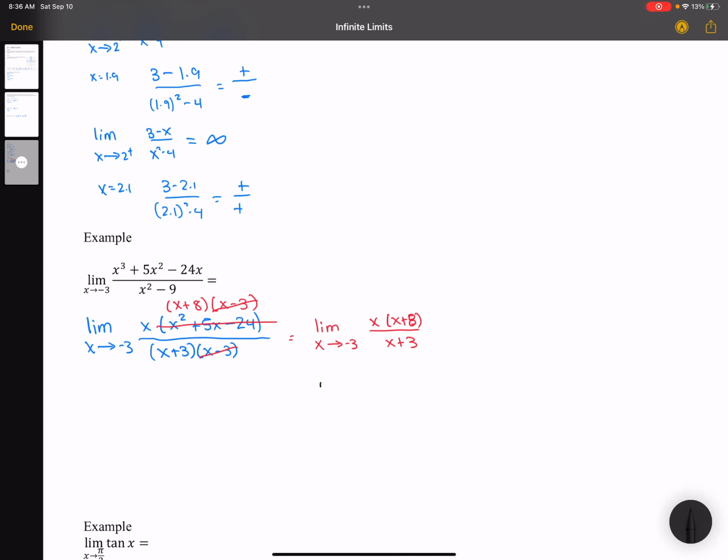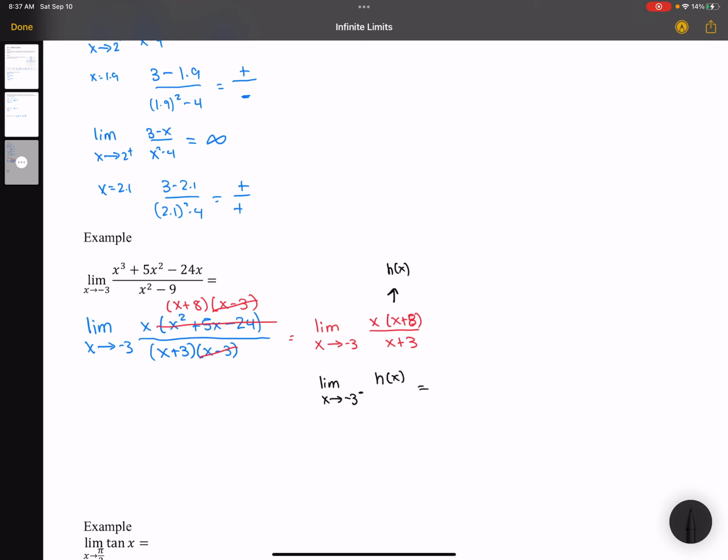So let's set this up like we've done the previous problems. So we just need the left limit and the right limit. So the limit as x approaches -3 from the left. And you know what? Let's call this h of x, so we don't have to keep writing the entire function.